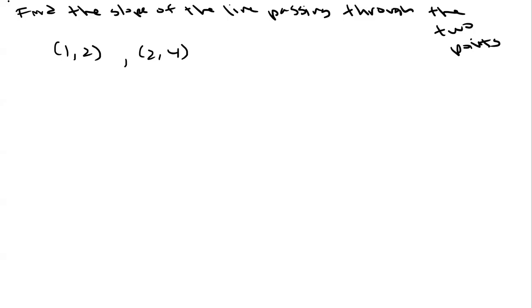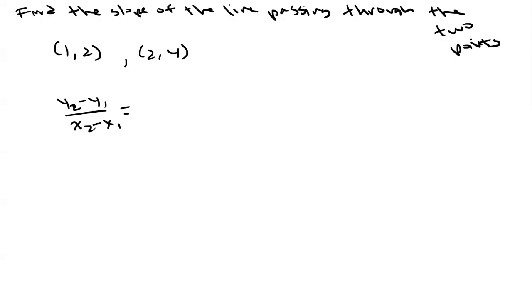So to find the slope of the line passing through these 2 points, we need to use the slope formula. Does anybody remember the slope formula? Well, it's just y2 minus y1 over x2 minus x1.